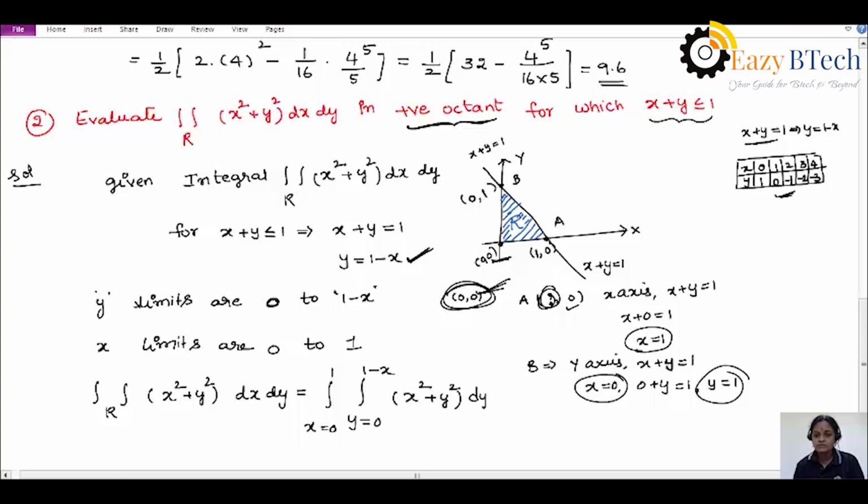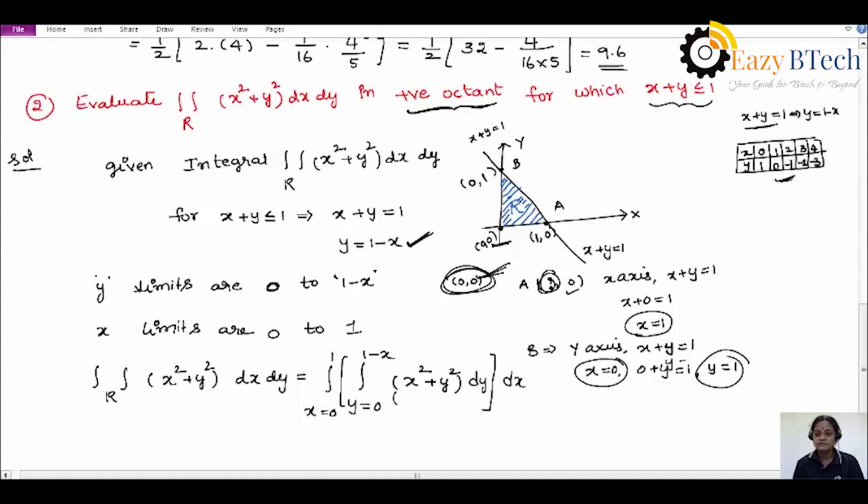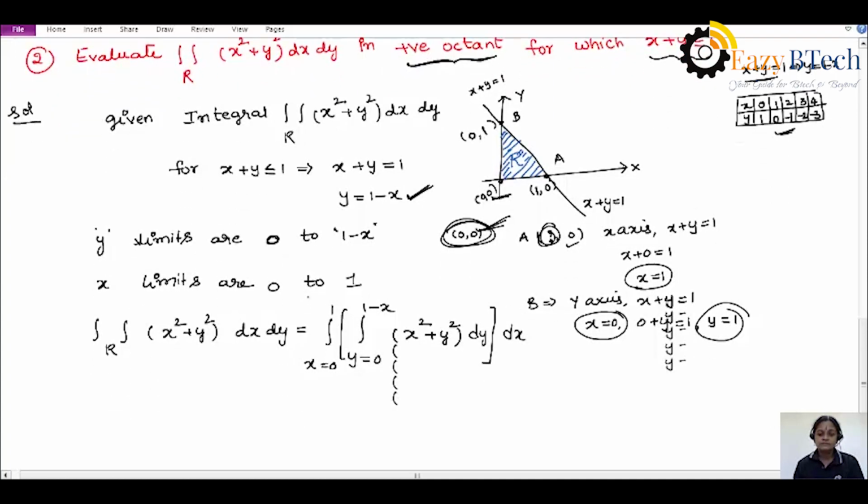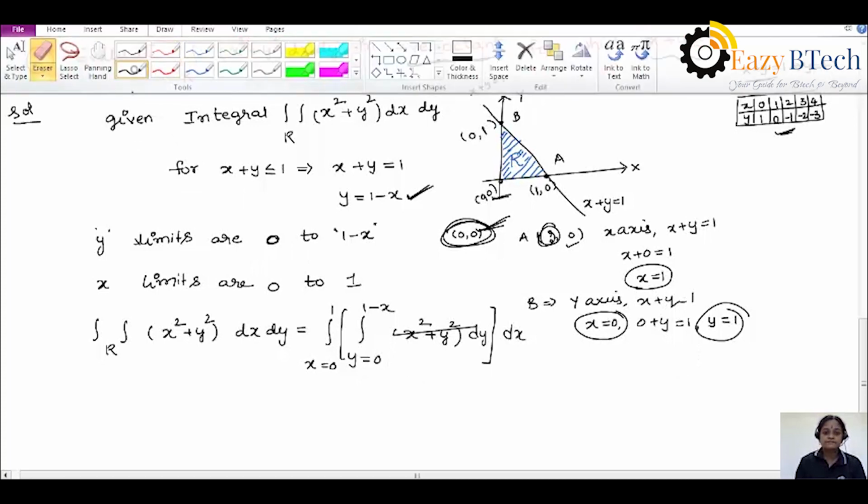At first doing with respect to y and then with respect to x. Why, students, are we doing with respect to y first? Because the y limits are a function of x, and the x limits are constants. So that's why we do the integration with respect to y first.